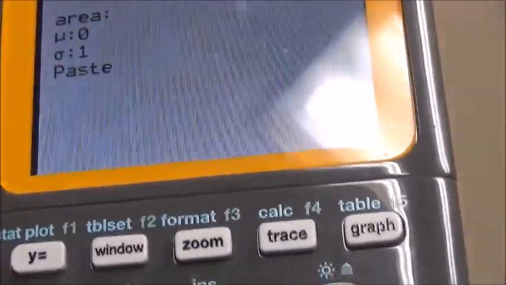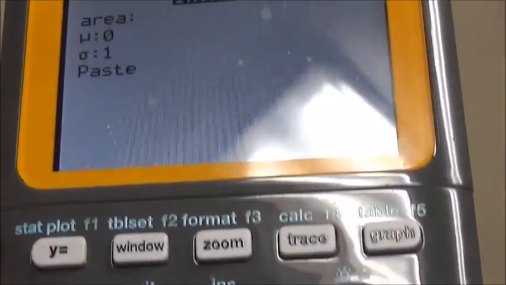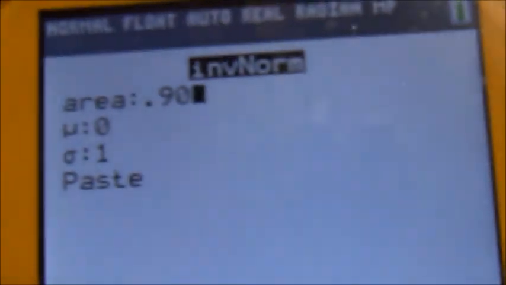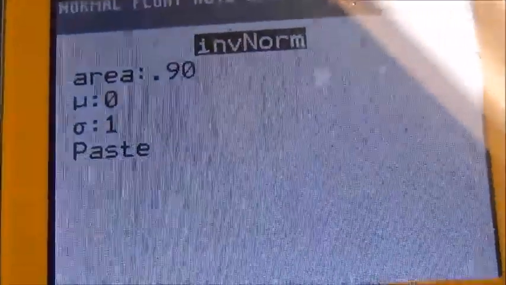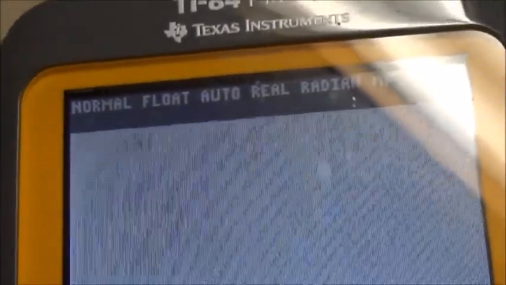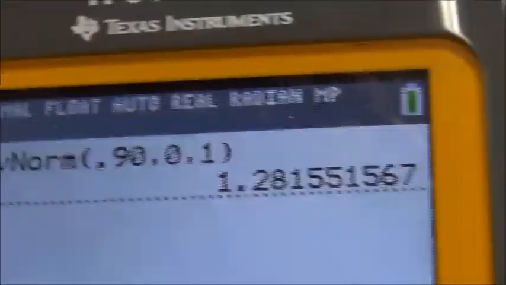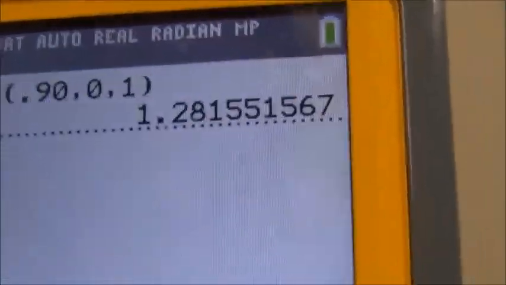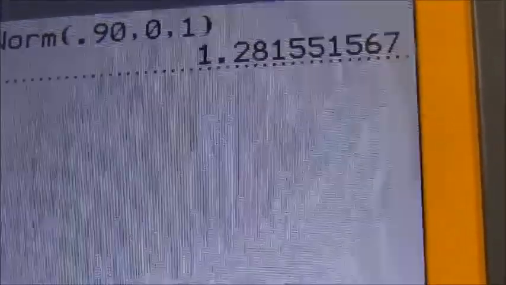Enter on that. The area, since we're doing 10% to the right, it's 90% to the left. So we use 0.90. The mean is 0, the standard deviation is 1, and if I do that, then I can see that my critical value is 1.28.